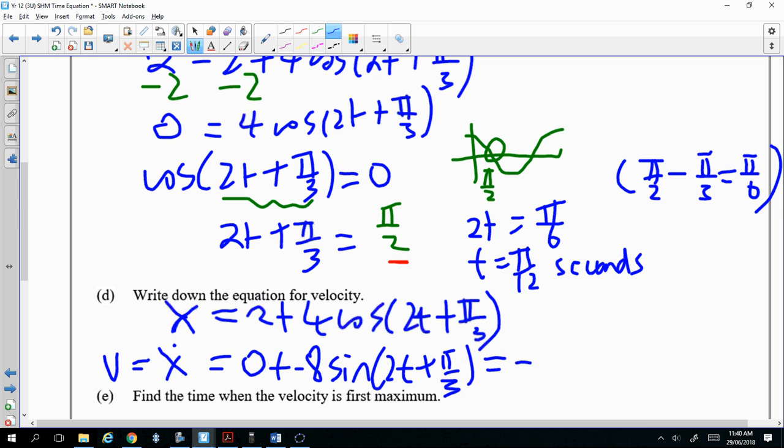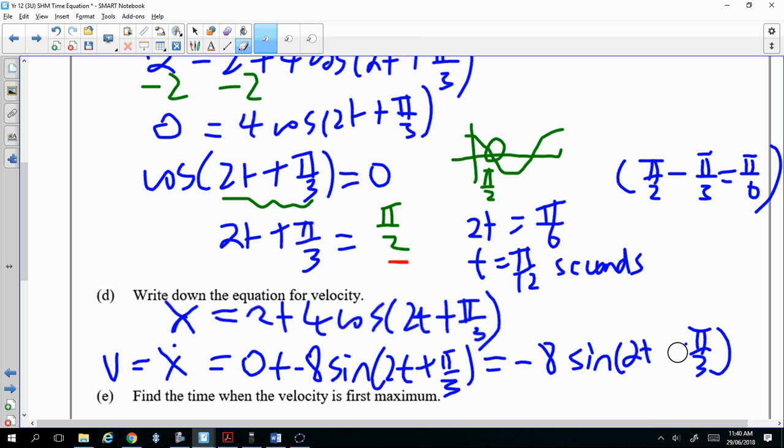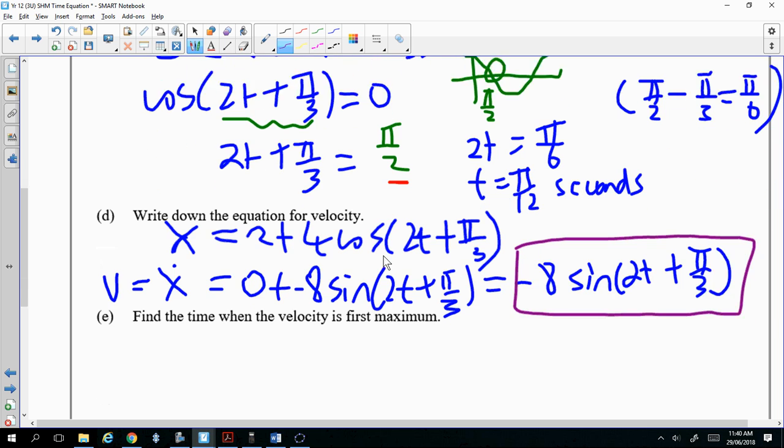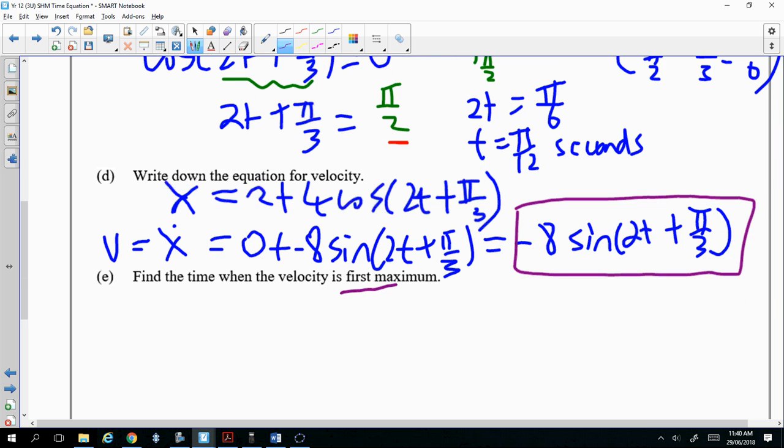Now, what do we do with it? We're going to answer the second question: find the time when the velocity is first maximum. What is the maximum velocity? Well, to answer this question, if you look at this graph, the amplitude is 8, isn't it? So the maximum velocity must be 8.